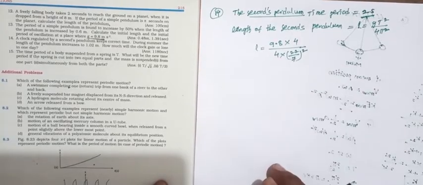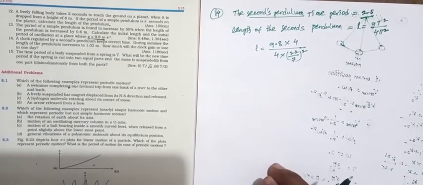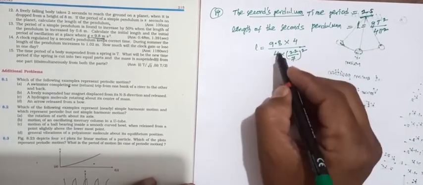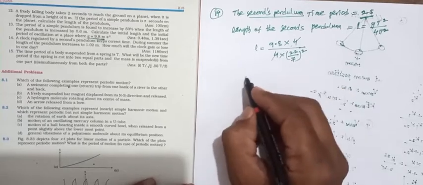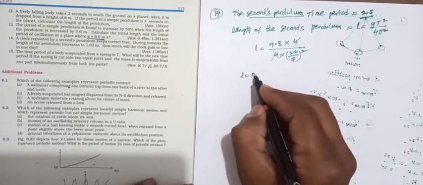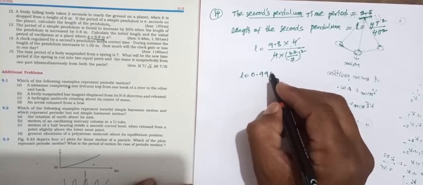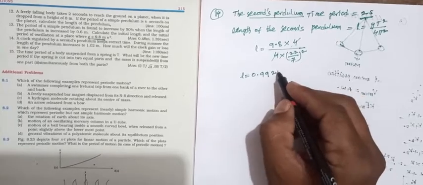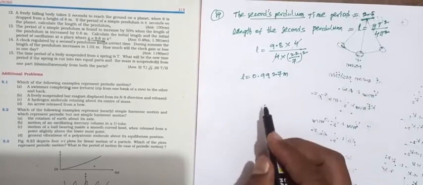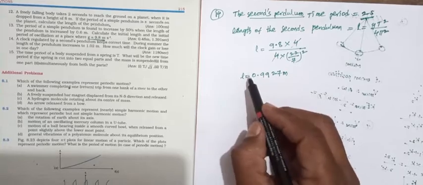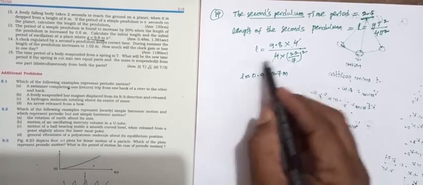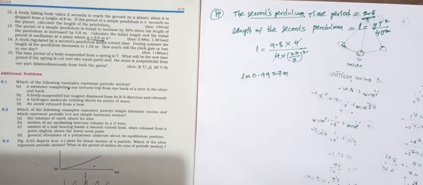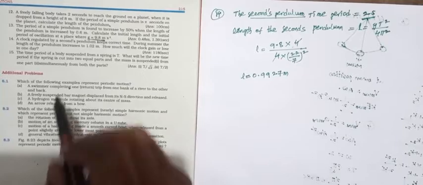Here we do not take 3.14, so that it is accurate; we take the accurate value 22 by 7 whole square. 4 gets cancelled, so L equals 0.9927 meters. It is approximately equal to 1 meter, but we can take exactly L equals 0.9927 meters.